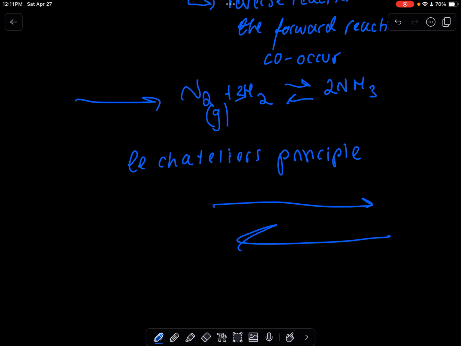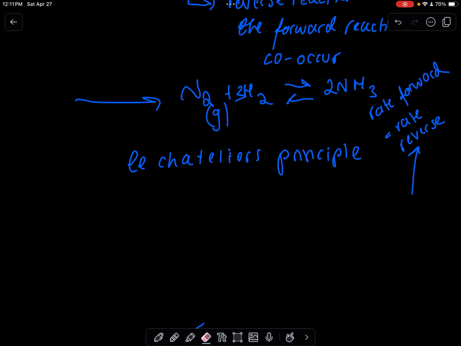So when the system's in equilibrium, the rate of the forward equals the rate of reverse. But when the reaction conditions change, there is a shift in the rate of the forward or reverse reaction to restore the equilibrium we just talked about.